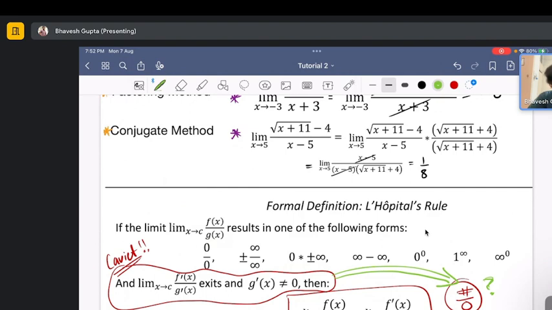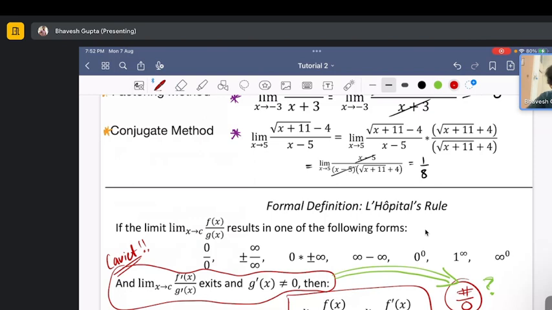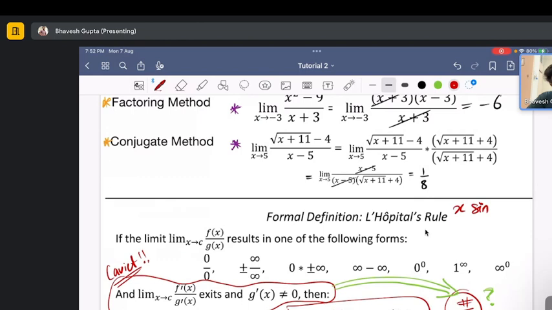I can tell you an example, for example 0 into infinity. I can give you an example like x times sine of something. I have to take this infinity, right?